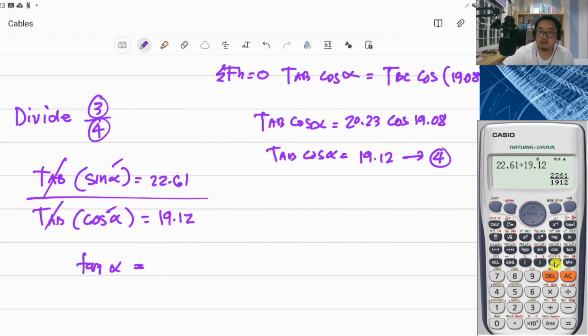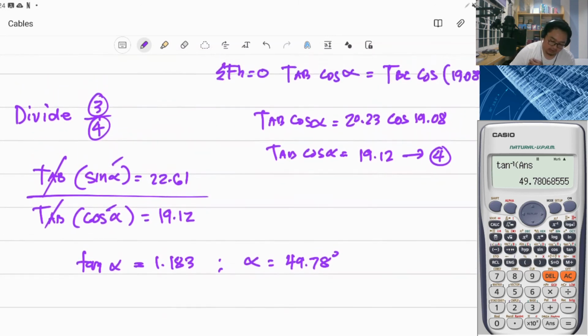So how much is that? 1.183. Okay. So to solve for alpha, so alpha equals 49.78 degrees.